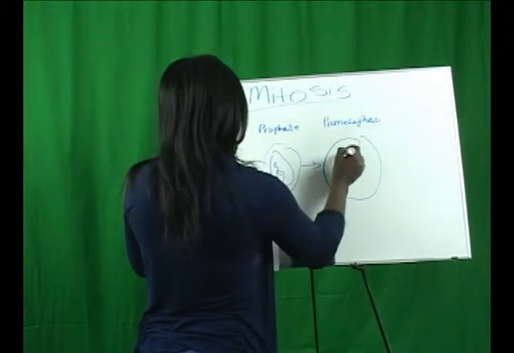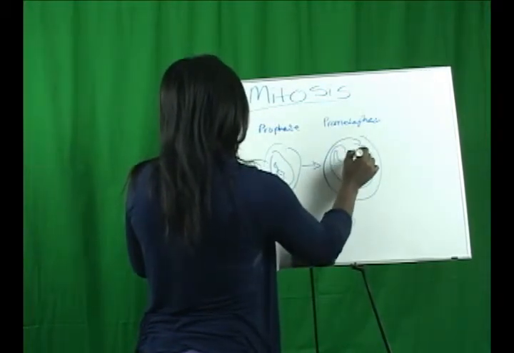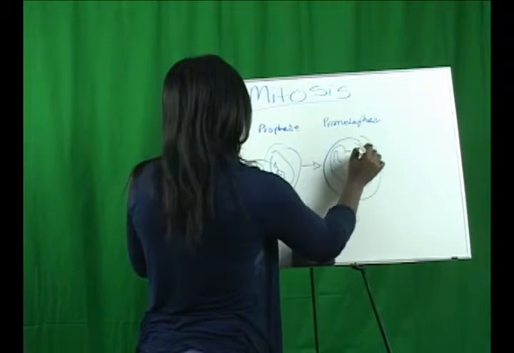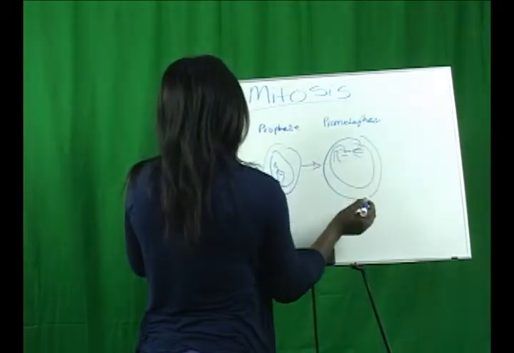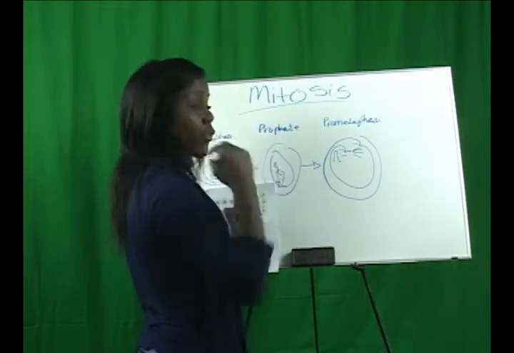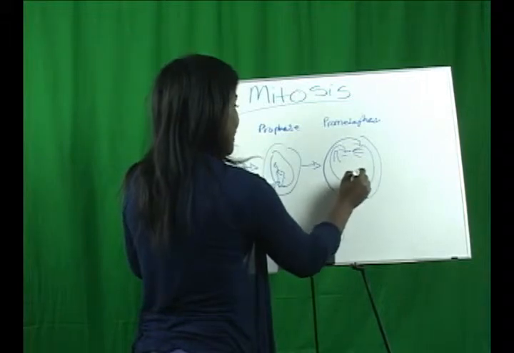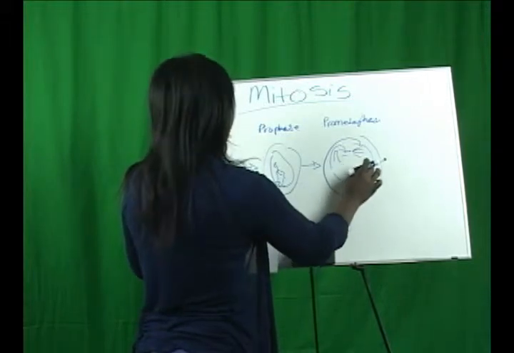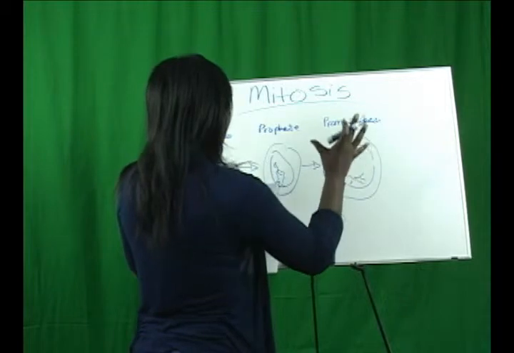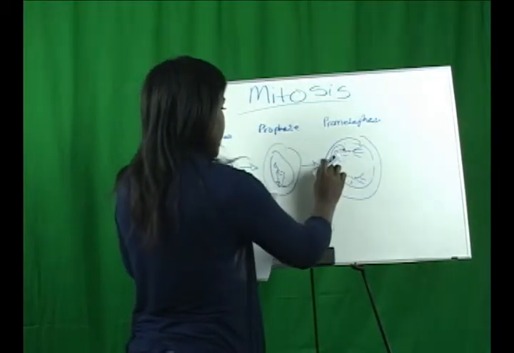In this phase here, the nuclear membrane breaks apart and the spindle starts to interact with the chromosomes. I know it's not a very good picture, but this is when the membrane is breaking apart. So here it's intact and here it's breaking apart.